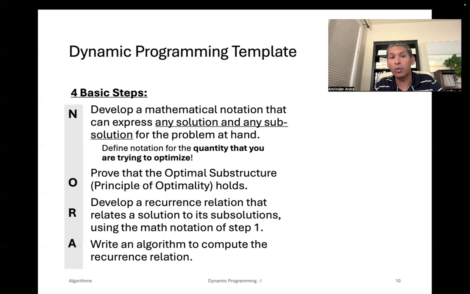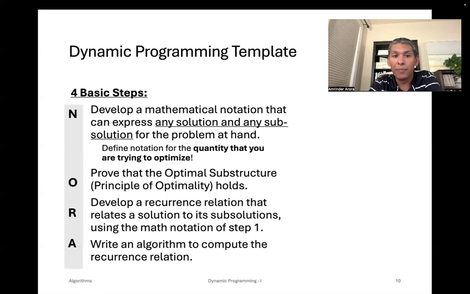Rather, think about the quantity that you're trying to optimize. Is it time? Is it number of steps? Is it the cost? And use the notation on that quantity. Okay. This will eventually come very naturally to us. But if you're new to dynamic programming, this is an important part that you want to remember here.